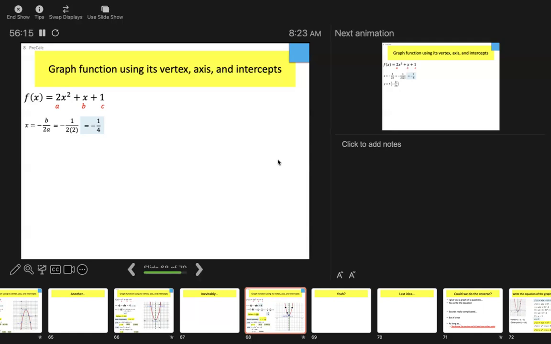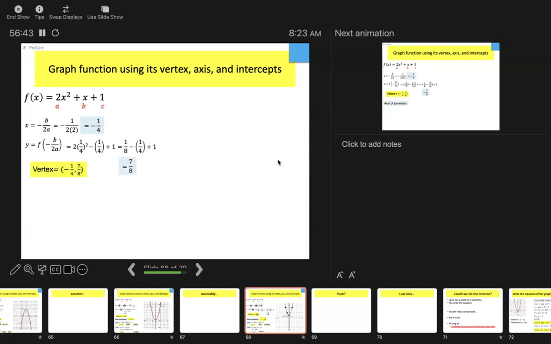So that would be 2/8 and 8/8. So what are you going to get? Yuck. Ugliness. 7/8. All right. Well, that's the vertex. It's just ugly, right?